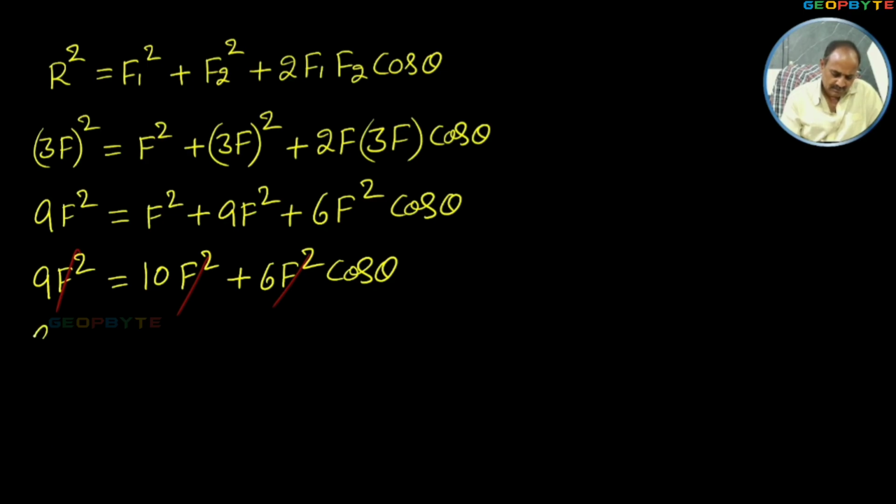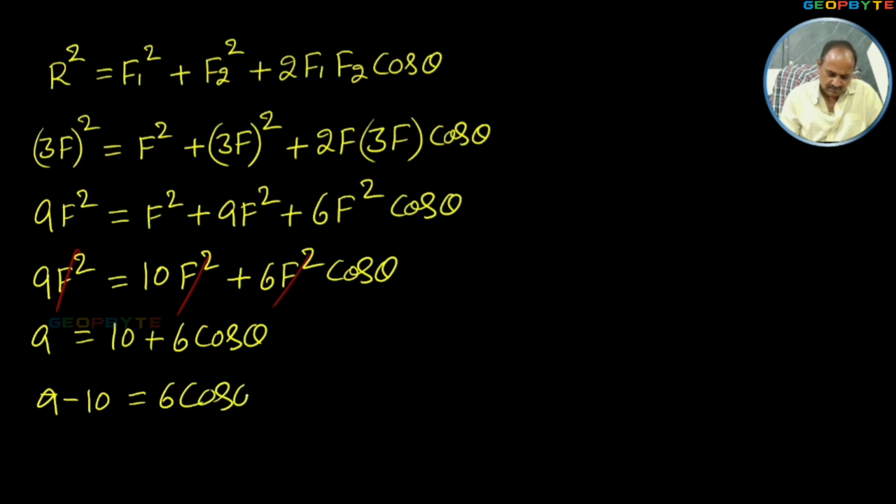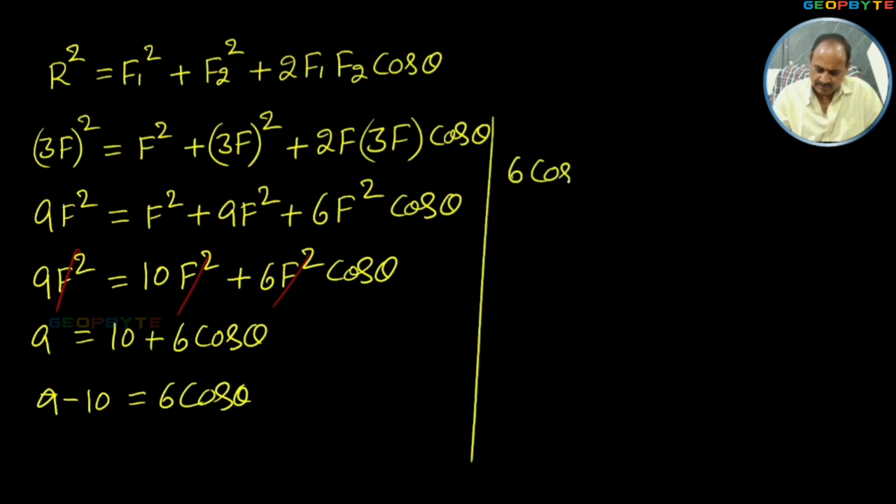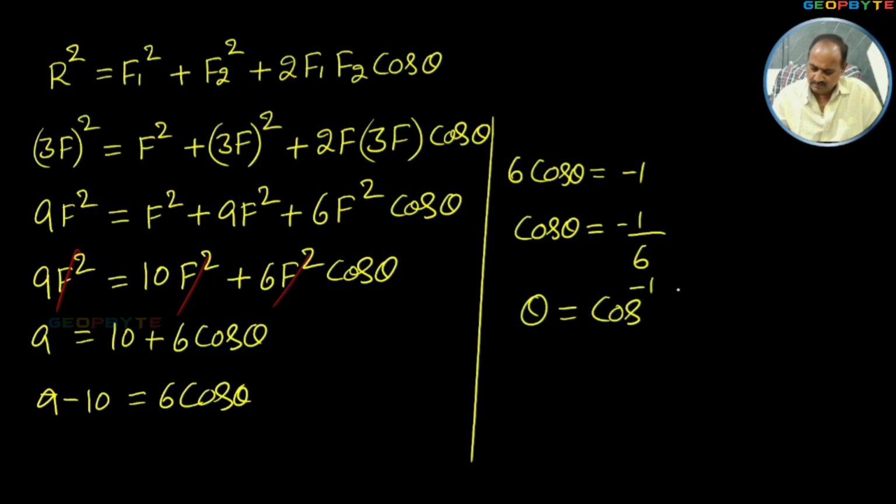So finally it is 9 equal to 10 plus 6 cos theta. Right, 9 minus 10 is equal to 6 cos theta. 6 cos theta is equal to minus 1. Cos theta equal to minus 1 by 6. Theta equal to cos inverse of minus 1 by 6.